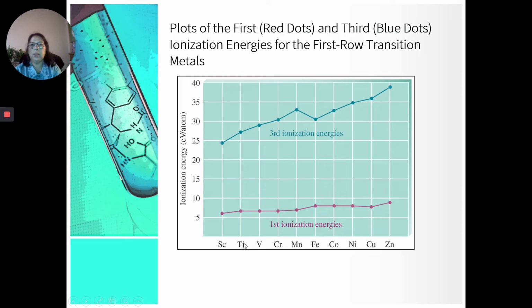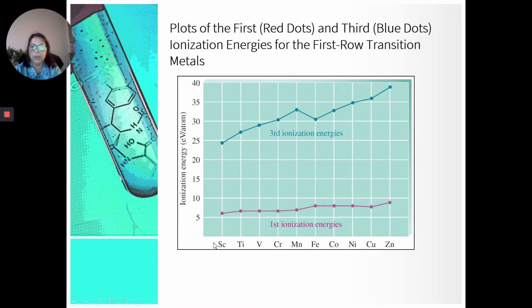Always remember that. And then if you're going to plot these things, you have here the red dots and the blue dots. So the plots of the first and the third ionization energy of the first row transition metals could be illustrated here.